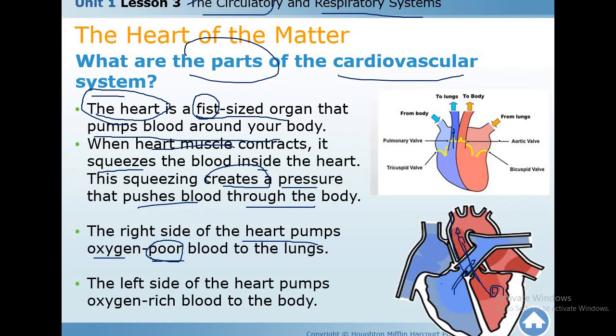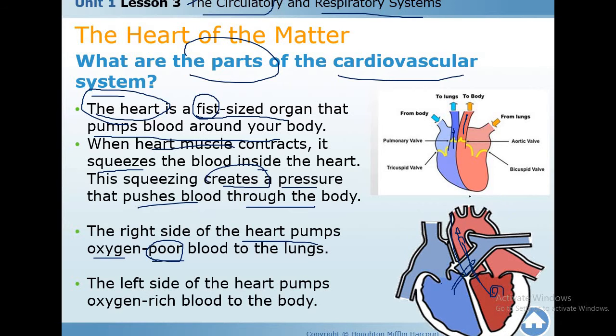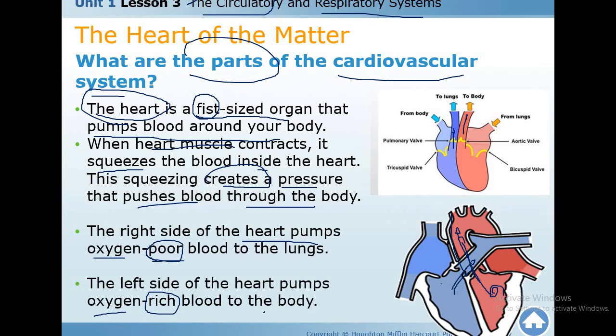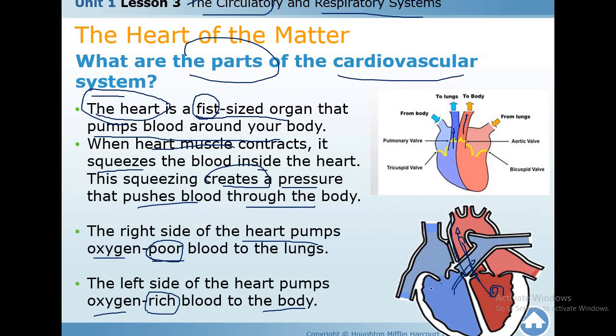While the left side of the heart pumps oxygen-rich blood to the body. So the right side pushes oxygen-poor blood, I mean no oxygen in the blood.